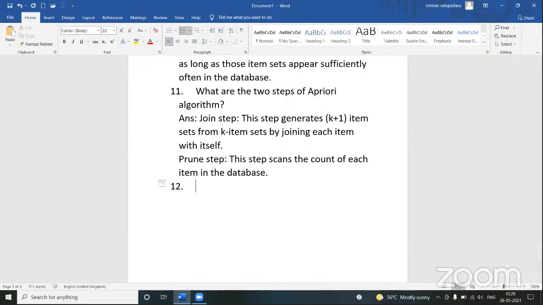Next question. Give a few technologies to improve the efficiency of Apriori algorithm.